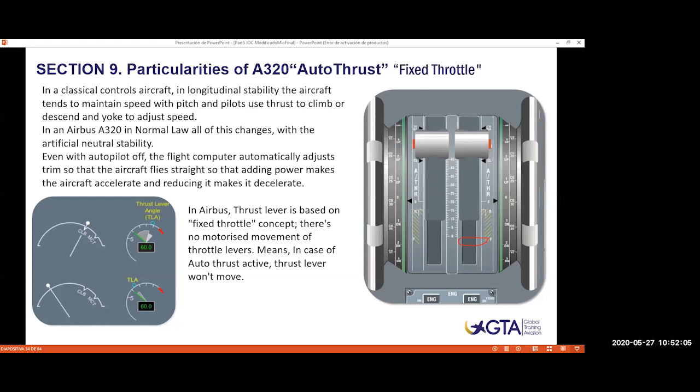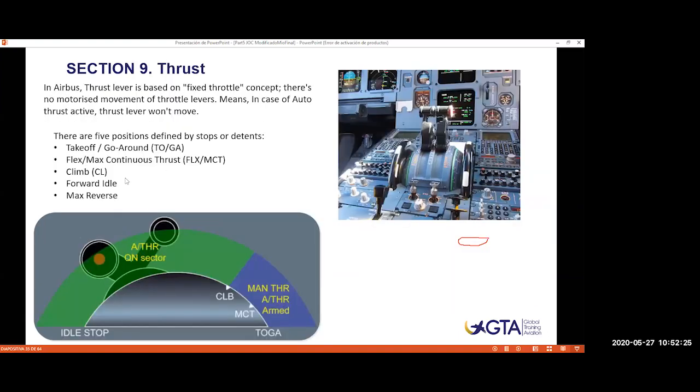And another thing about the autothrust in this aircraft is that it is not motorized. That means it is not going to move when we increase or reduce the power. Here there are 6 fixed positions. They are the takeoff or go-around, the TOGA.